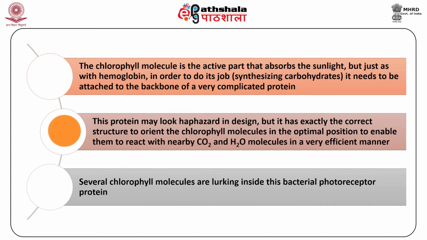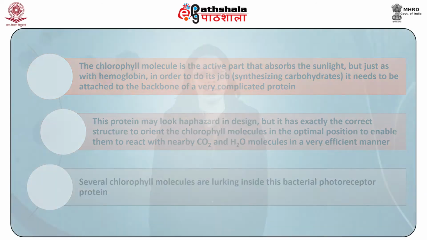This protein may look haphazard in design, but it has exactly the correct structure to orient the chlorophyll molecule in the optimal position to enable it to react with nearby carbon dioxide and water molecules in a very efficient manner. Several chlorophyll moieties are lurking inside this bacterial photoreceptor protein.